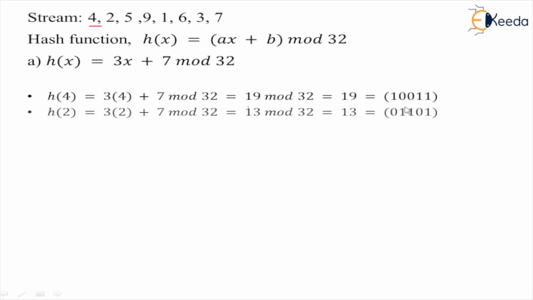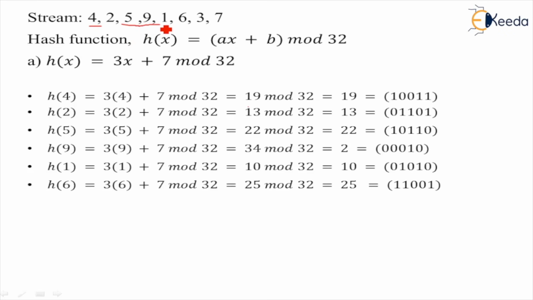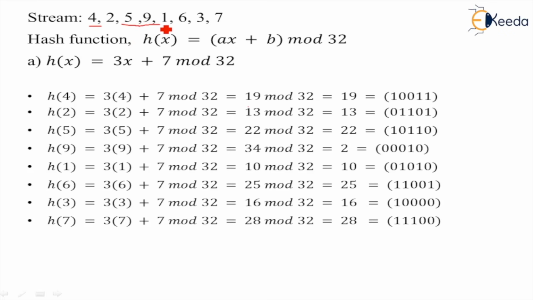Then we use the next value, that is 2. 3 into 2 is 6, plus 7 is 13, mod 32. Similarly, we find the values for 5, 9, 1, 6, 3, 7. We find all those equivalent binary numbers and calculate the trailing zeros. The number of trailing zeros here is 0, again here also 0.